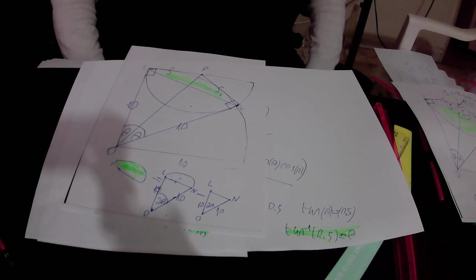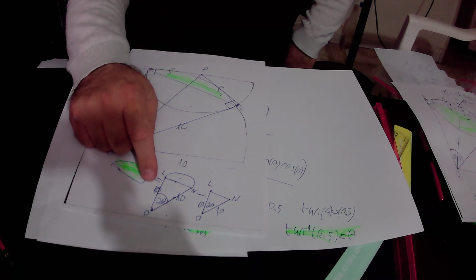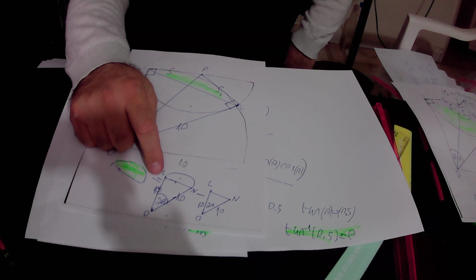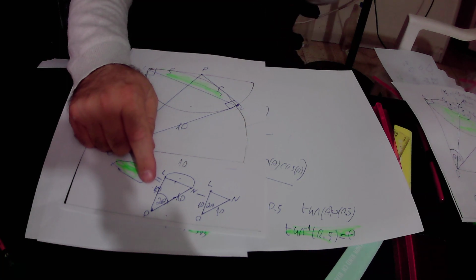The area of the sector is its fraction of the circle, 2 theta over 2 pi, times pi r square, and r equals 10, so pi times 10 square.